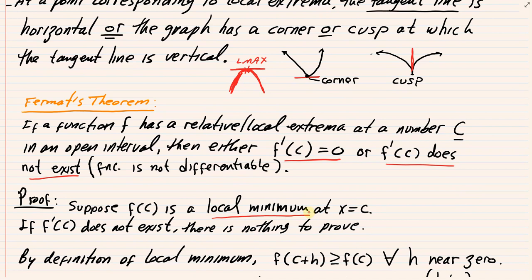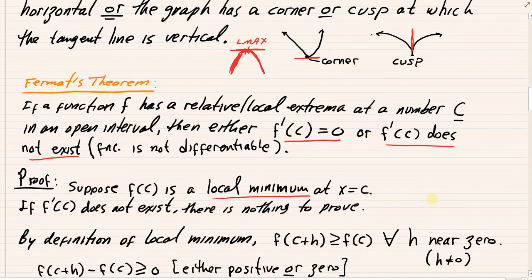That's a given. Okay, if it's a minimum at c. Well, if f prime at c doesn't exist, then that's what Fermat's theorem says, right? It says if it has an extrema, then f prime at c doesn't exist. So there's nothing to prove here, okay? And again, that's if f prime at c doesn't exist.